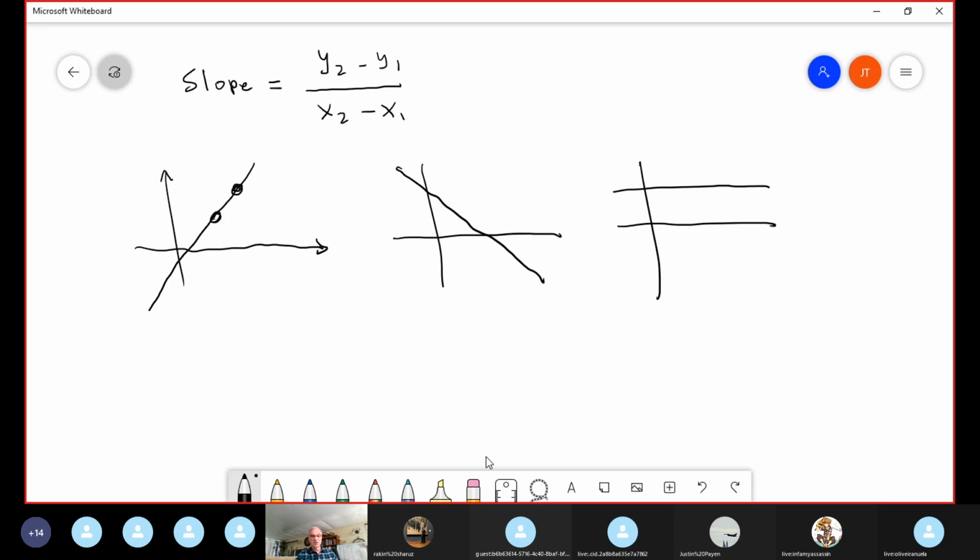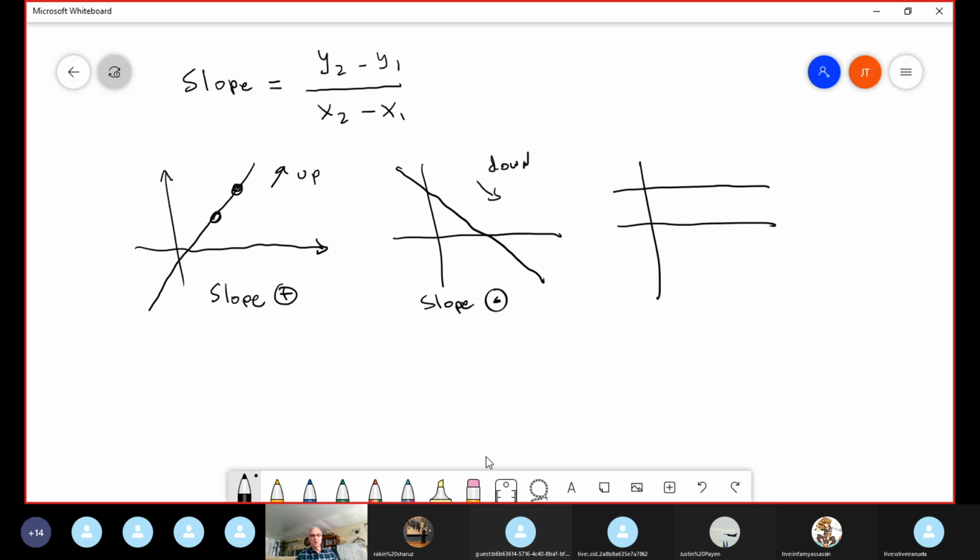When the slope is positive, it's because the line is going up, increasing. And when the slope is negative, the line is going down.